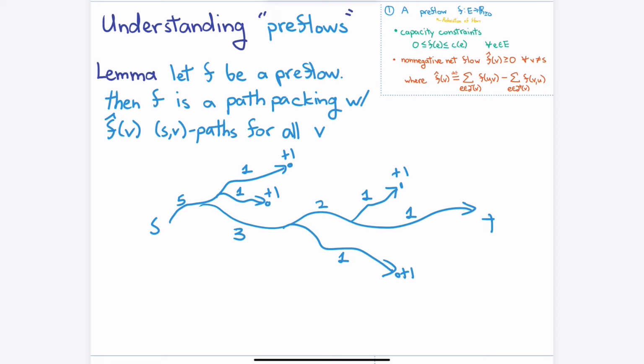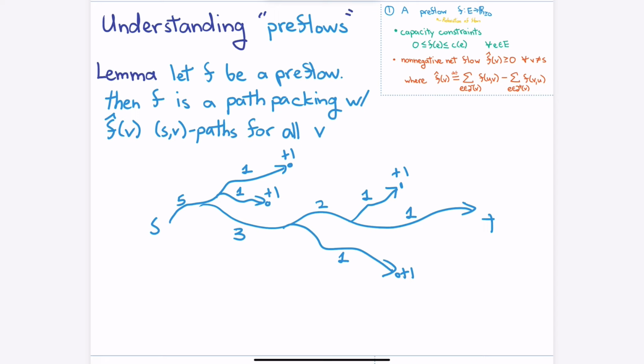Now I'm claiming it'll be a combination of S to V paths for different vertices V. But I'll guarantee that I can break it down into paths so that there'll be one path ending at this vertex, one path ending there, one path ending there, one path ending there, one path ending at T. Maybe in the picture that seems obvious, we just need to figure out how to formalize it.